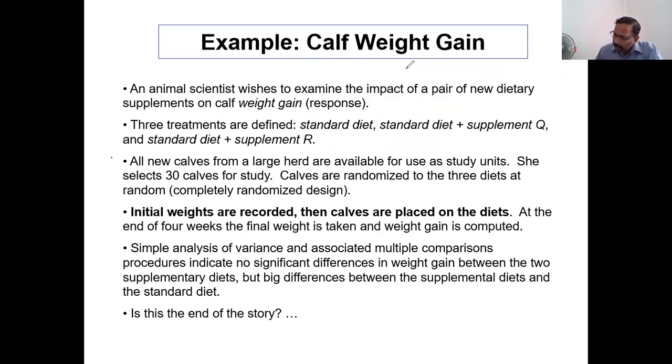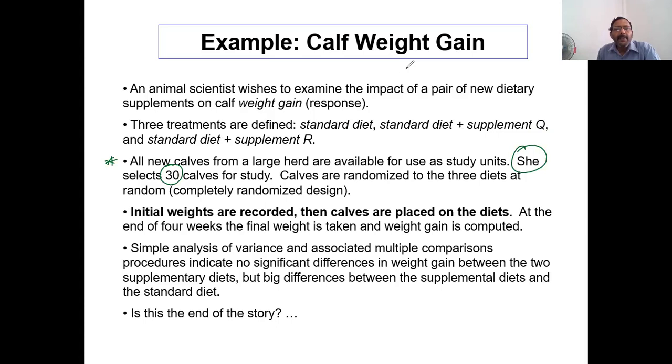Now, if you look at it from the animal point of view, we have 3 diets that we want to test. All new cows from a large herd are available for the use of this study. The researcher, actually a lady researcher, selects 30 cows.